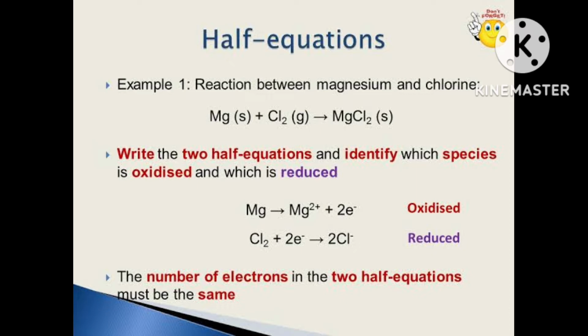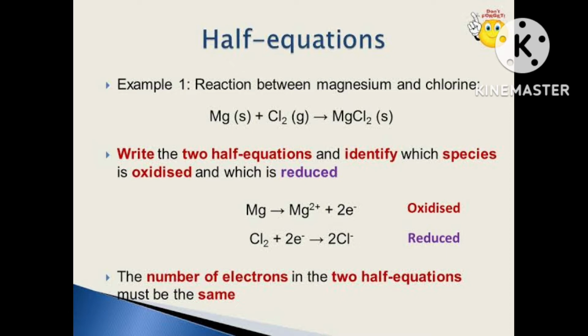Compare the Zn condition: Zn became Zn2+, means there is a loss of 2 electrons. Now think about the oxidizing agent, the copper ion. Suppose the Cu2+ with oxidation number plus 2 will take 2 electrons. Then Cu2+ now became copper.